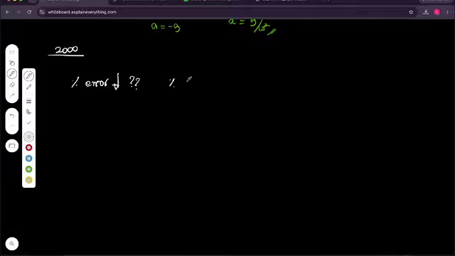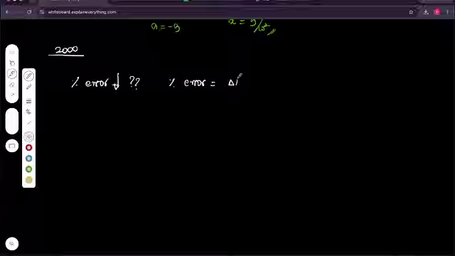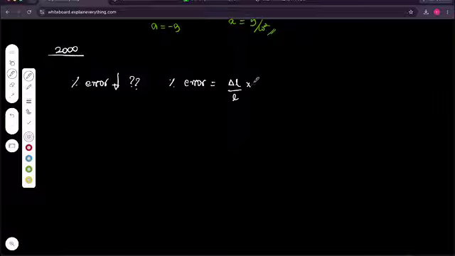What is percentage error? Percentage error is delta L upon L into 100%. So delta L is the least count of the instrument. We cannot do anything with that. Then we have the length L. We could increase it. Okay, if we increase that, then the percentage error will reduce.